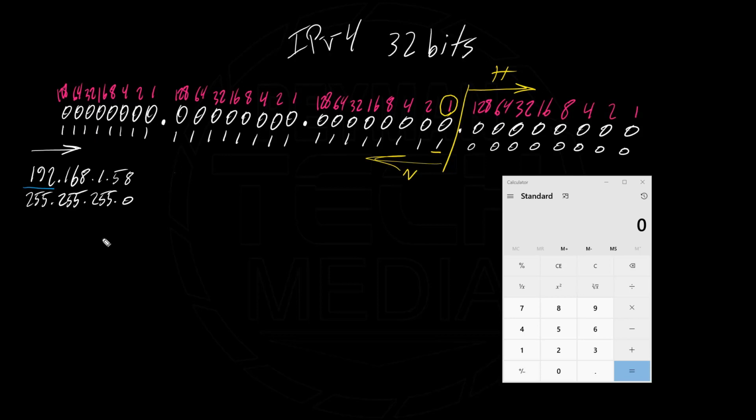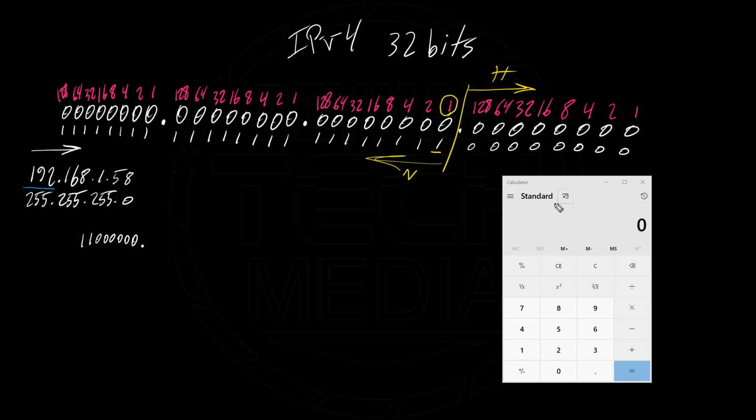So let's write down, we have 192, so that's 1, 2, and then we have 6 zeros because in every octet we have 8 bits, so that's 2 so far. 1, 2, 3, 4, 5, 6. And then 168 decimal, which we can convert using our calculator.